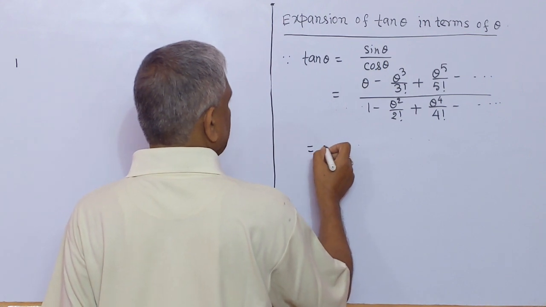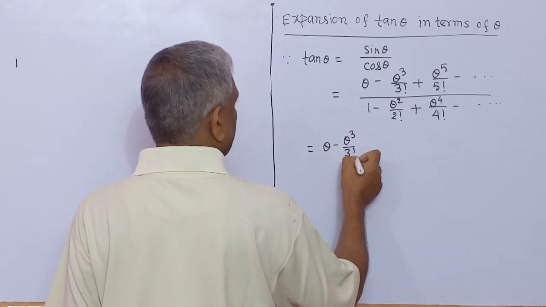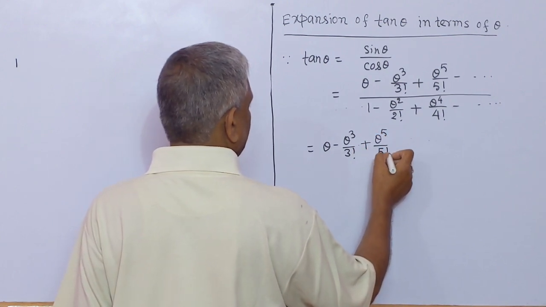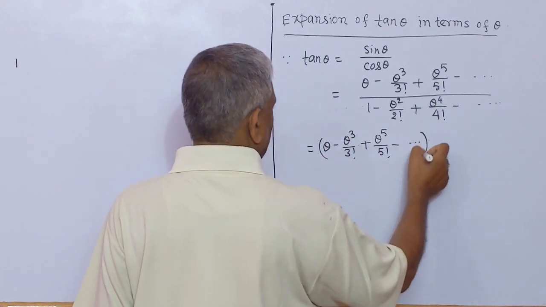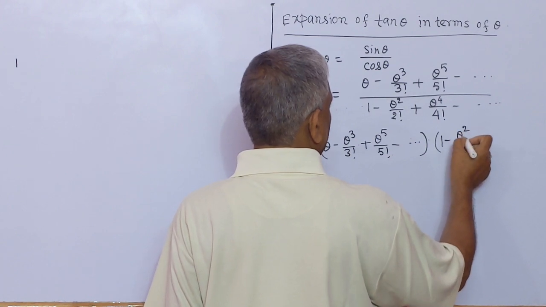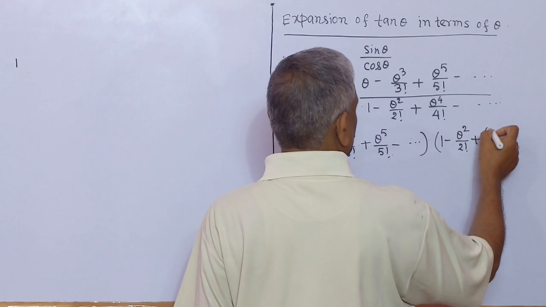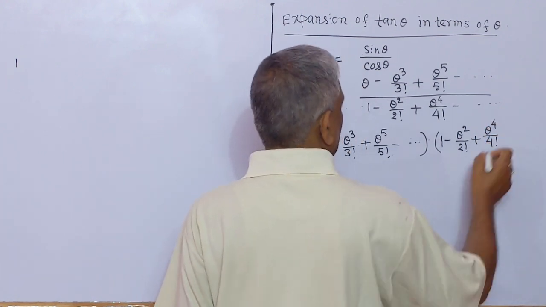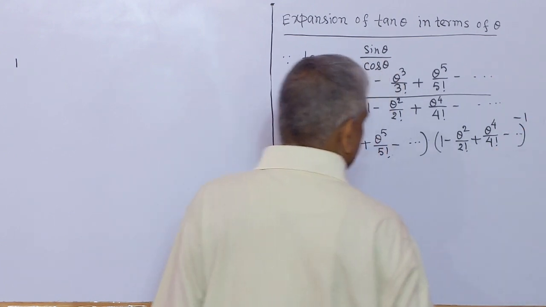We may write this as theta minus theta cube by factorial 3 plus theta to the power 5 by factorial 5 minus dot dot dot dot, multiply 1 minus theta square by factorial 2 plus theta to the power 4 by factorial 4 minus dot dot dot dot, to the power minus 1.